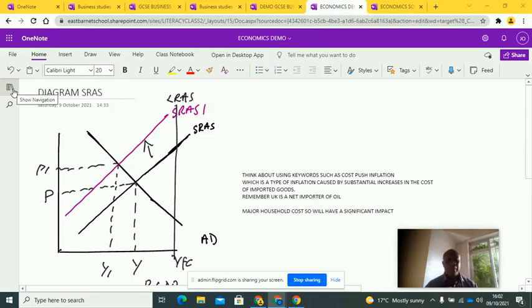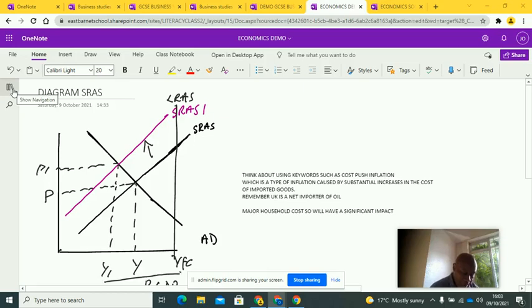That will give you a better perspective of how far we are from full employment. Now we're at Y1, so you can see the negative output gap has increased. The original negative output gap was the distance between potential, which is YFE, and the actual, which initially was Y, and now it has increased to Y1. So the negative output gap is quite large.